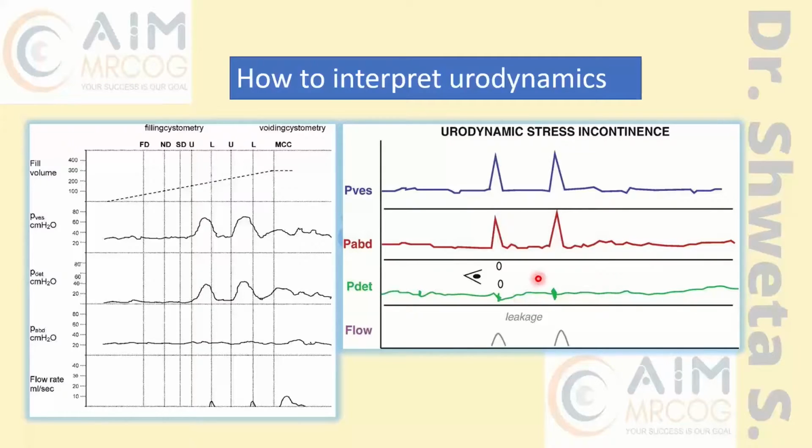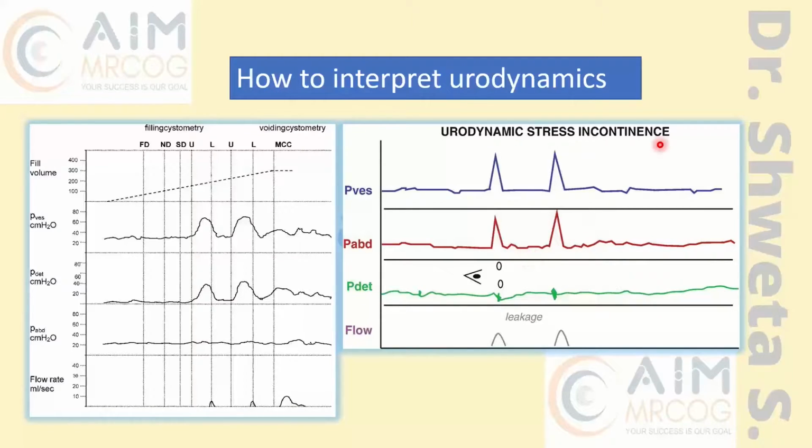So ultimately it is provoked detrusor overactivity. You have to label stress urinary incontinence only when there is no detrusor overactivity. You get my point or not? Because this is very important. If any time you have detrusor overactivity while coughing and leaking, it doesn't become stress incontinence. It becomes provoked detrusor overactivity, leading to a leak.